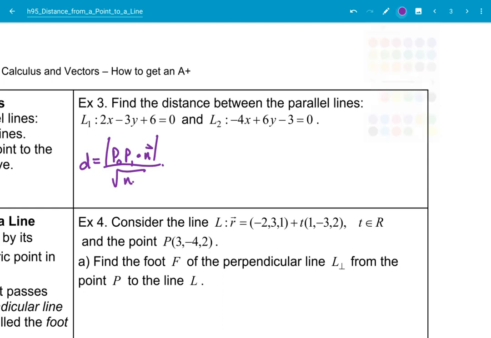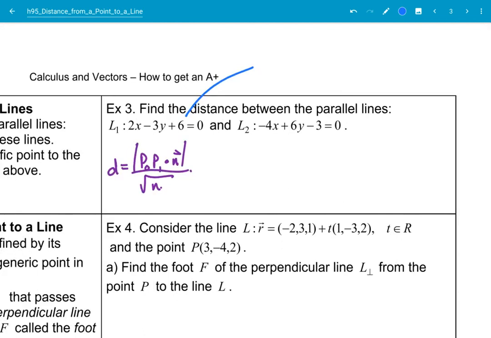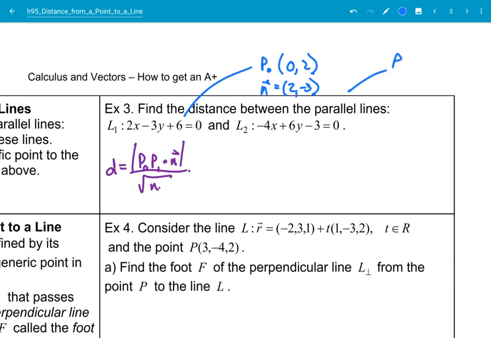I'm going to use line 1 is P naught, and I'm going to use 3 and 0. I'm going to use 0 and 2, like that. And the normal from that is 2 and negative 3. And from the other one, I'm going to get P1. And P1 I'm going to use, oh my goodness, I don't want to use a fraction.